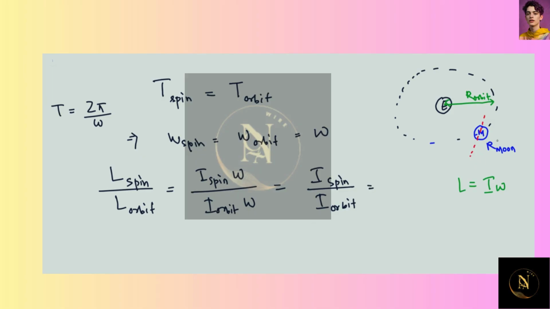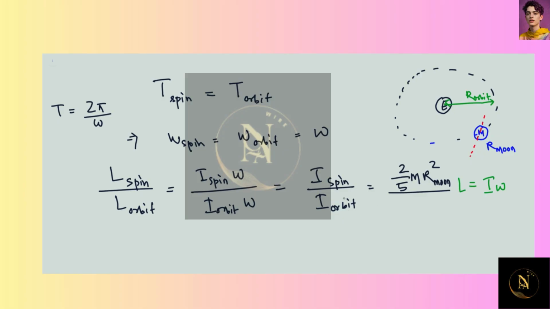Now, I spin is just the moment of inertia of the Moon spinning about its own axis. Since the Moon is a sphere, the moment of inertia of the sphere will be equal to 2/5 m r squared, where r is the radius of the object, and here the object is the Moon.